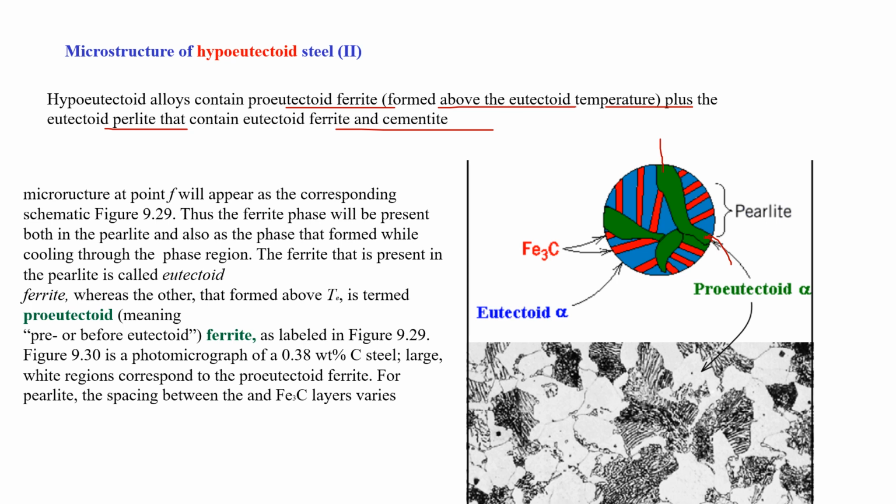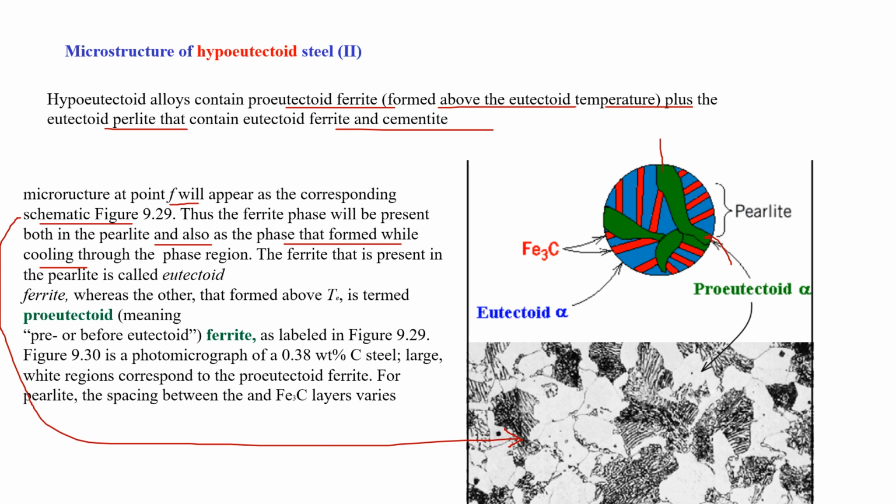The microstructure at point F, which we have previously highlighted, will appear as the corresponding schematic diagram in this figure. Thus the ferrite phase will be present both in the pearlite and also as the phase that formed while cooling through the alpha plus gamma phase region.